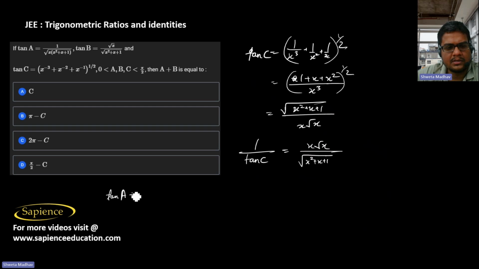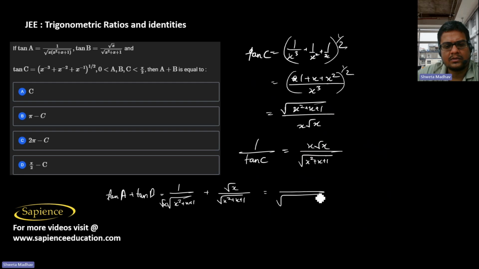If you do tan A plus tan B, then we will get 1 by root over (x square plus x plus 1) plus root x by root over (x square plus x plus 1), and here root x is also there.